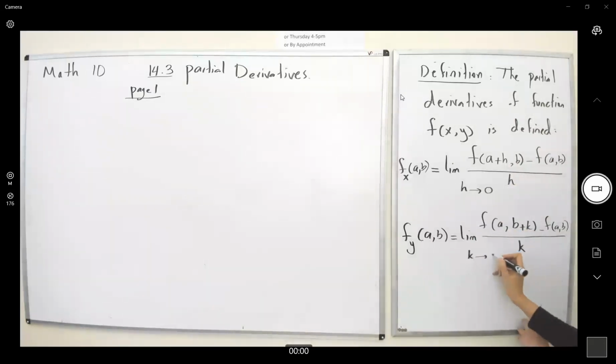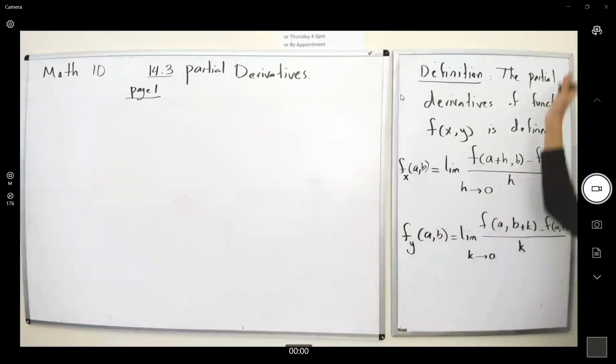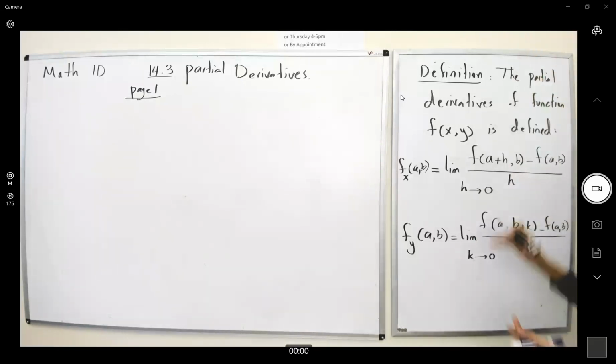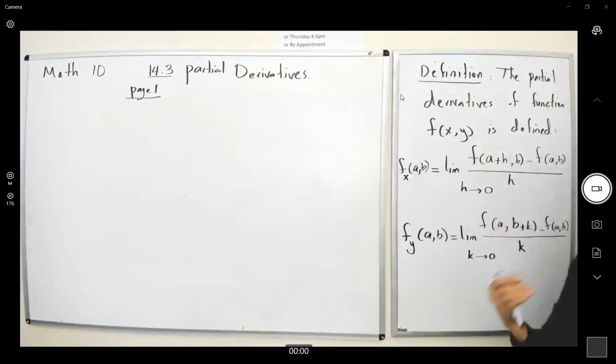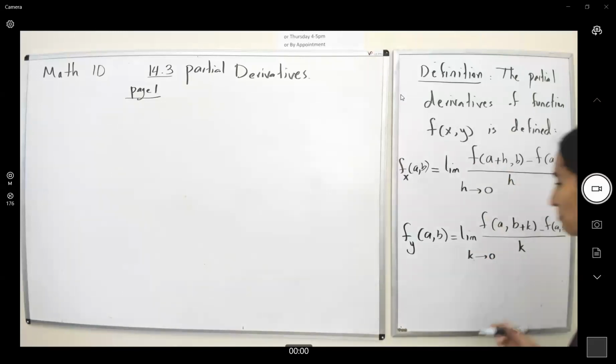Again, k is a variable which is getting closer and closer to 0. Officially, when you're talking about partial derivatives, you're talking about these limits. If these limits exist, then we have some nice shortcuts to actually take the partial derivatives of the function.